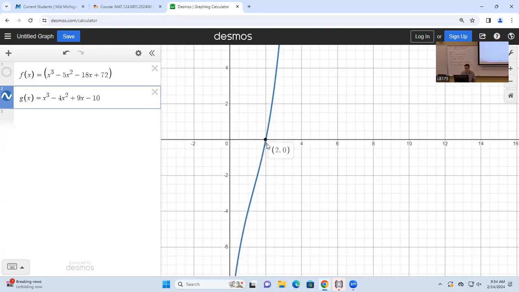So on this one, there's only 1 zero, graphically. We'll talk later and we'll see there's actually 3 zeros to this polynomial function, just only 1 real zero. So 1 real zero at x equals 2.